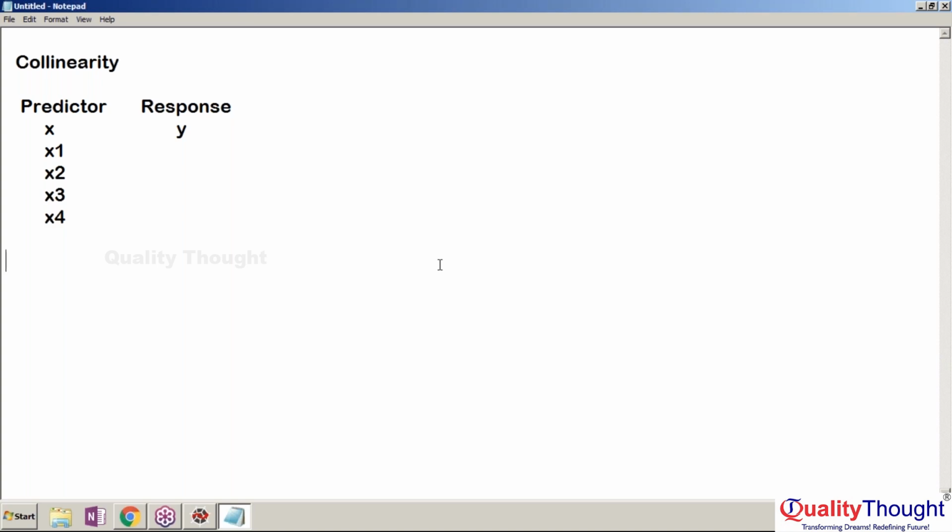Then, based upon the results, if multiple linear regression is not the best fit, we will switch to polynomial regression. We will not directly go to polynomial regression.